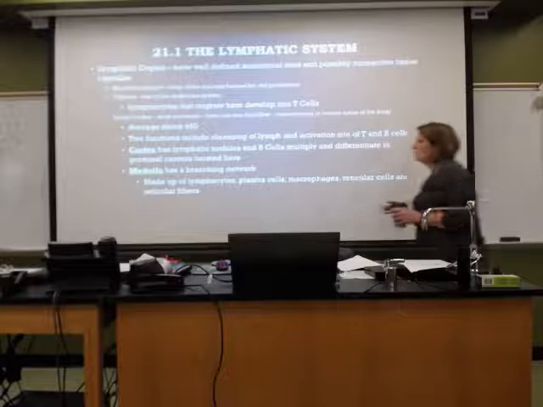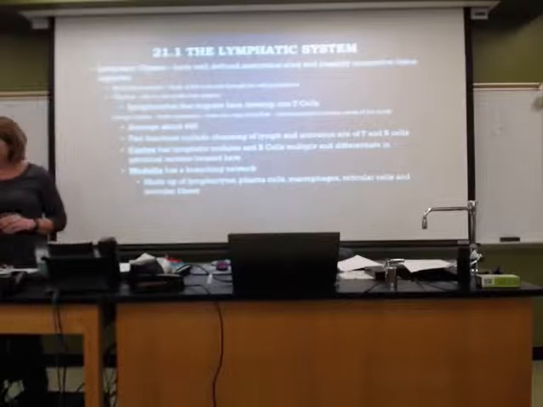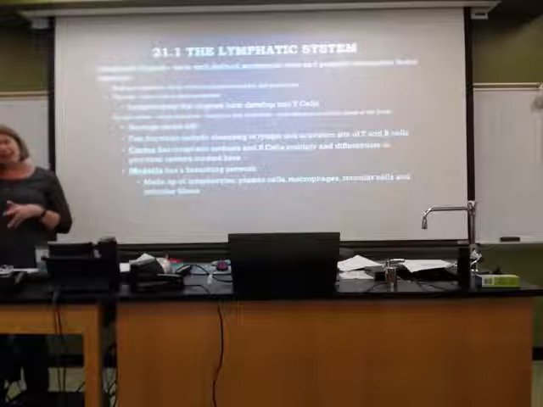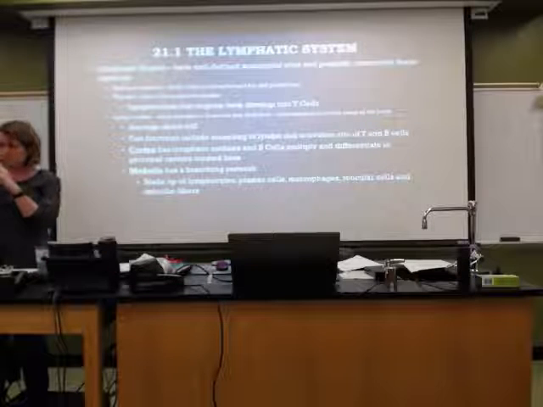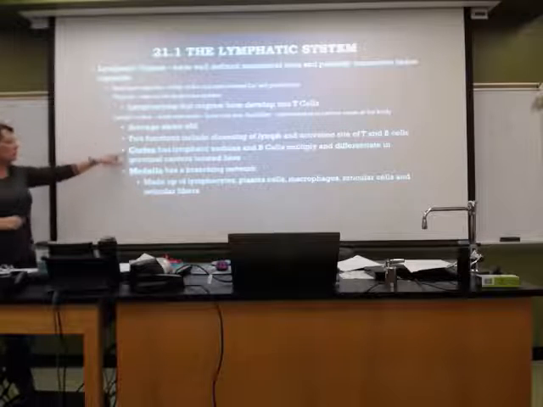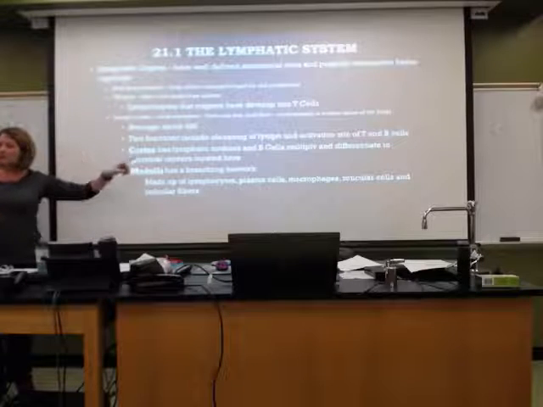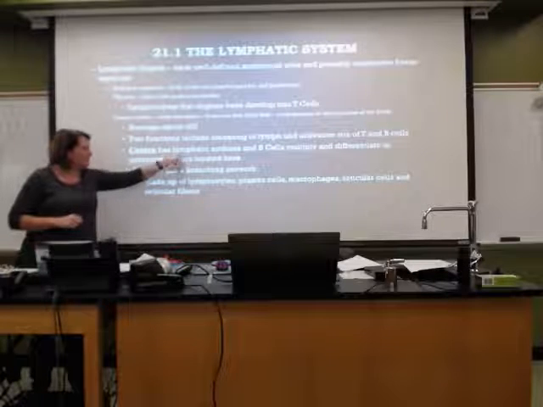Now, we're going to say that the lymph node has a cortex, the outer portion, and a medulla, the inner portion. The cortex, look at what it has. Lymphatic nodules.